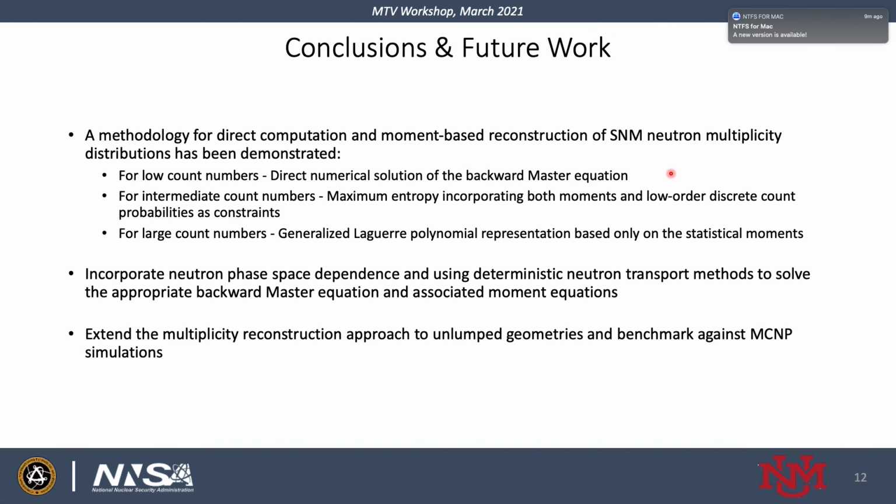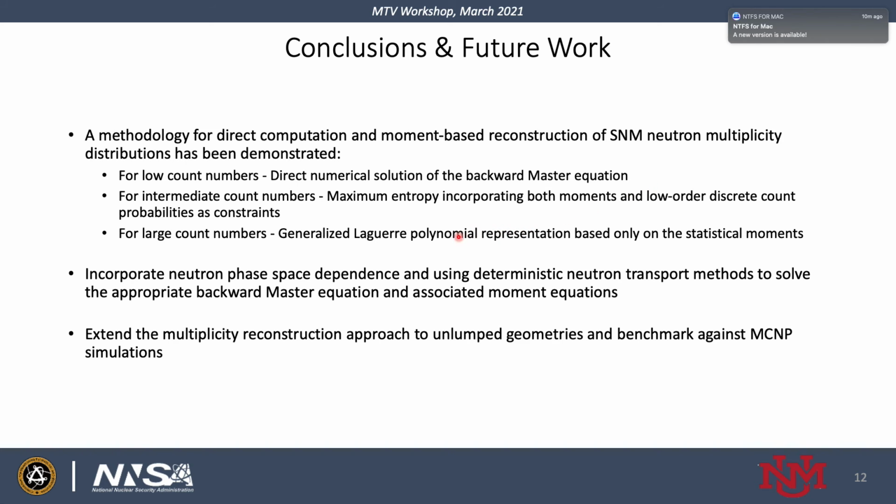And for large count number, the generalized Laguerre polynomial representation based only on the statistical moments was used. From here, we've started moving towards incorporating neutron phase space dependence and using deterministic neutron transport methods to solve the appropriate backward master equations and associated moment equations.